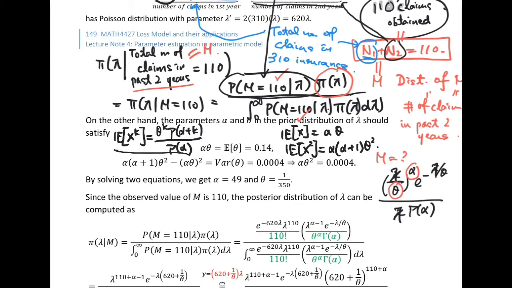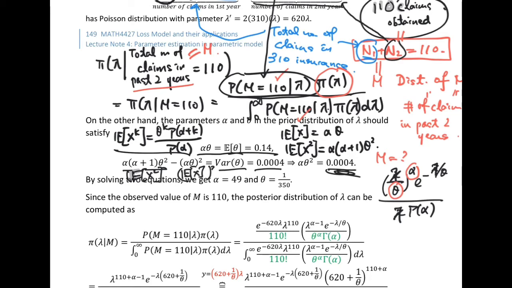Given this, you get the mean equal to 0.14, so that alpha theta equals 0.14, and the variance equals 0.0004. The variance equals the second moment minus the square of the first moment, right?